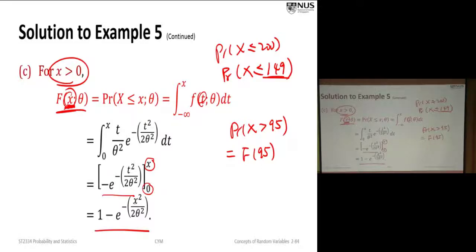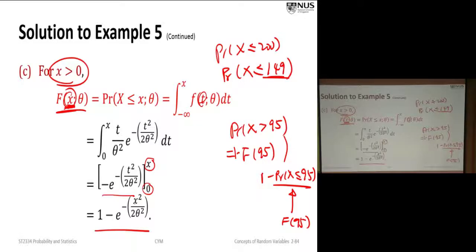Right or not? No. It should be 1 minus F95, because this is equal to 1 minus the probability of x less or equal to 95. And this is F95. So it's 1 minus capital F95.